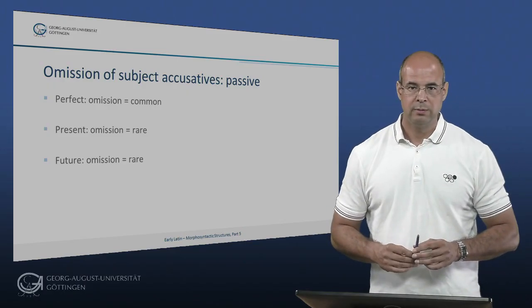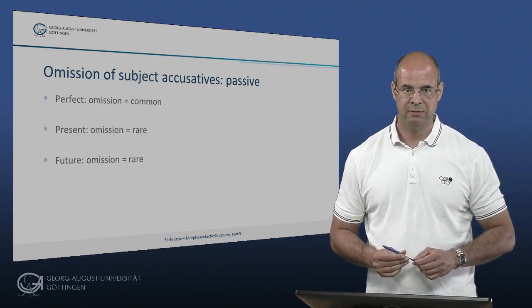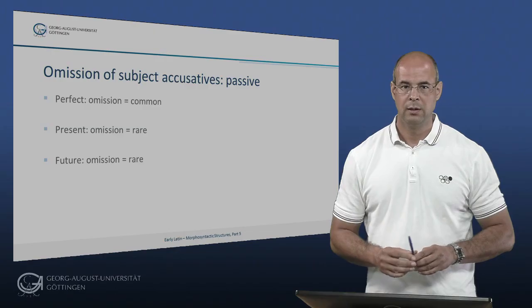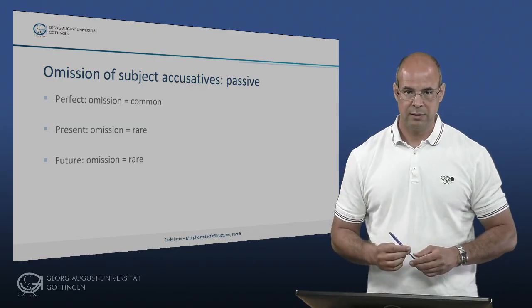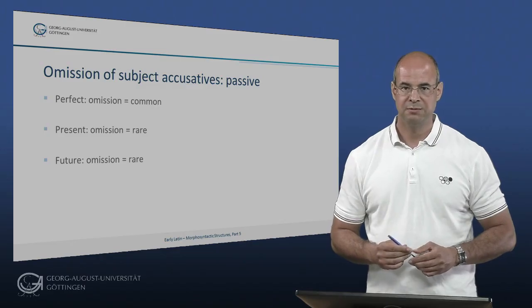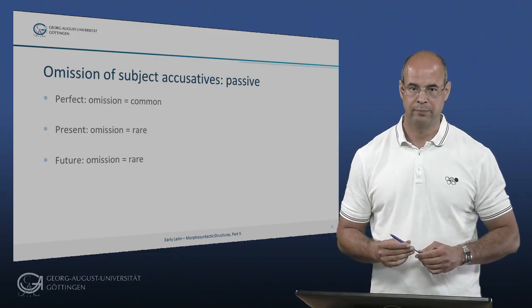Since the participle allows us to retrieve gender and number of the subject, it's easier to leave out the subject accusative without becoming unclear. And that is the reason why we find ellipses of subject accusatives more commonly with future active and perfect passive than with the other tenses.